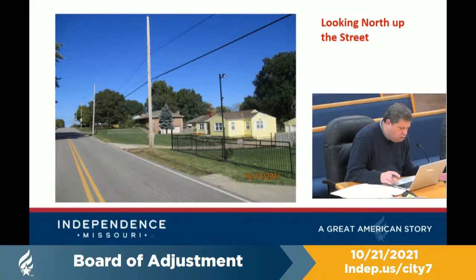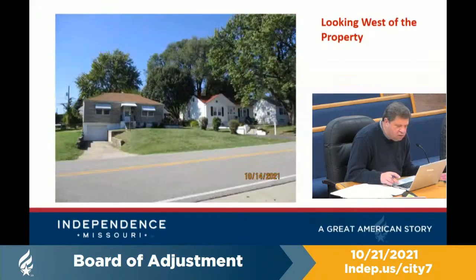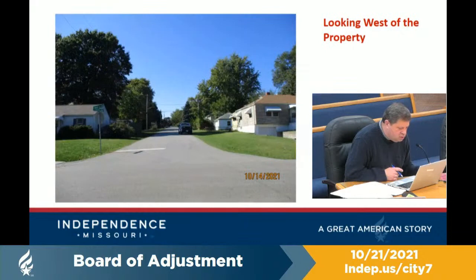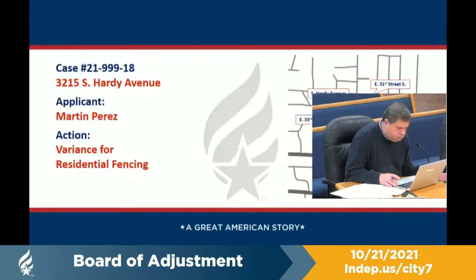And this is immediately across the street on the northwest. And then more toward the southwest, the T intersection with his driveway. I'm ready to take any questions you have.